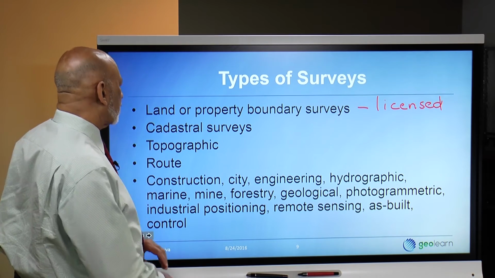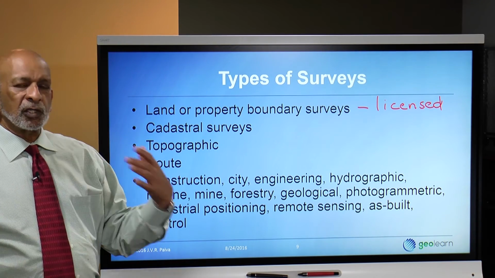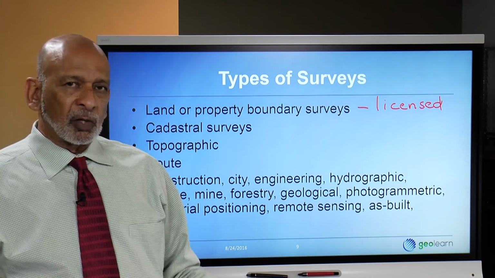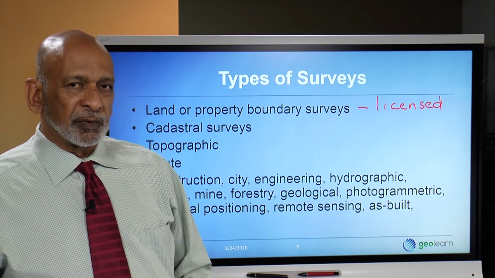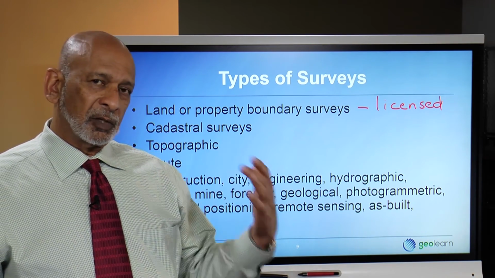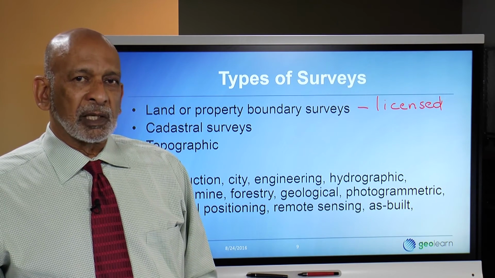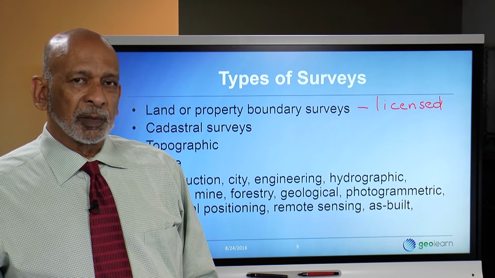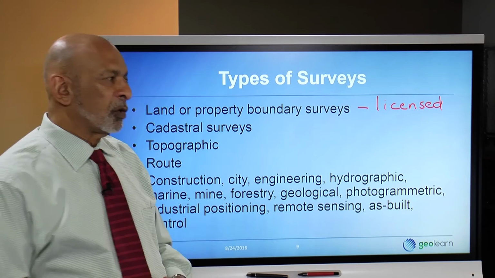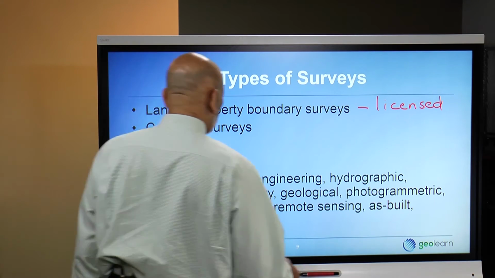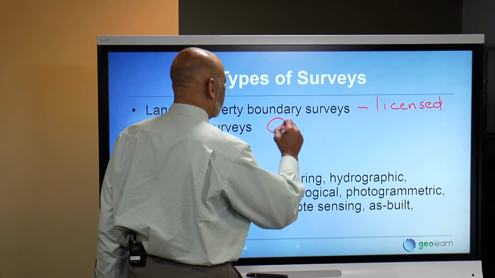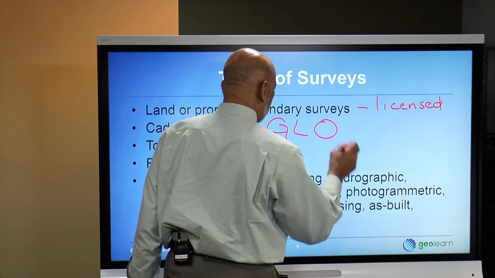So cadastral surveys have to do with measuring and inventorying the public land. And so very often a cadastral surveyor today may work for an organization like the Bureau of Land Management, which is the successor to the GLO. And I don't know if you know what the GLO is, but it stands for General Land Office.